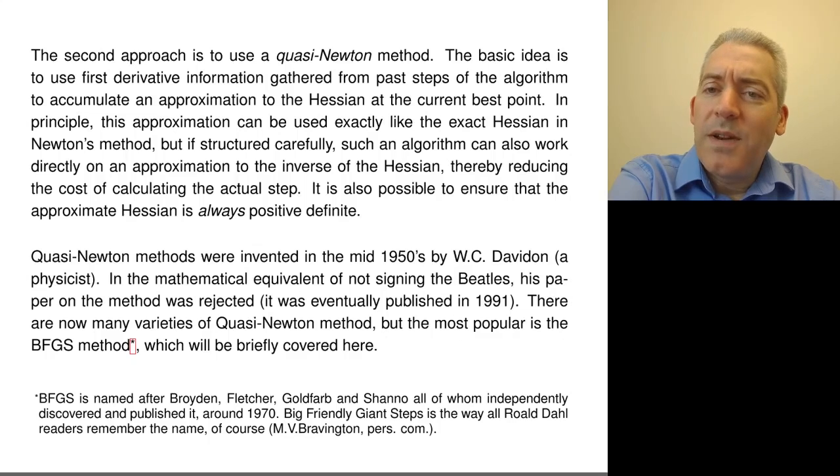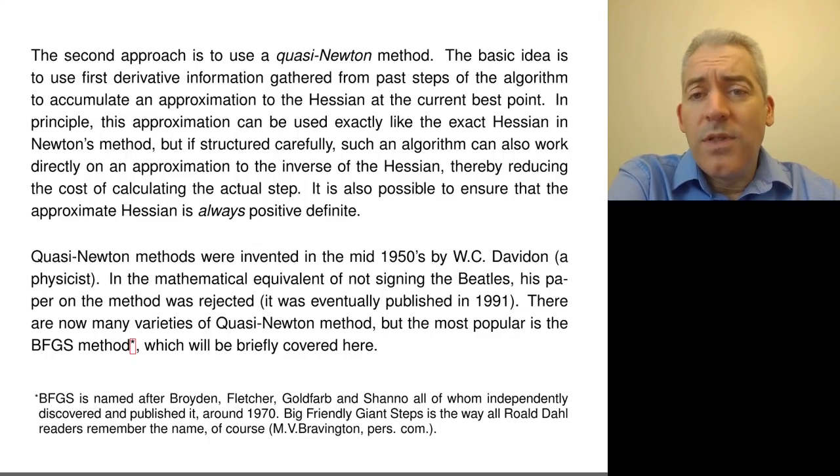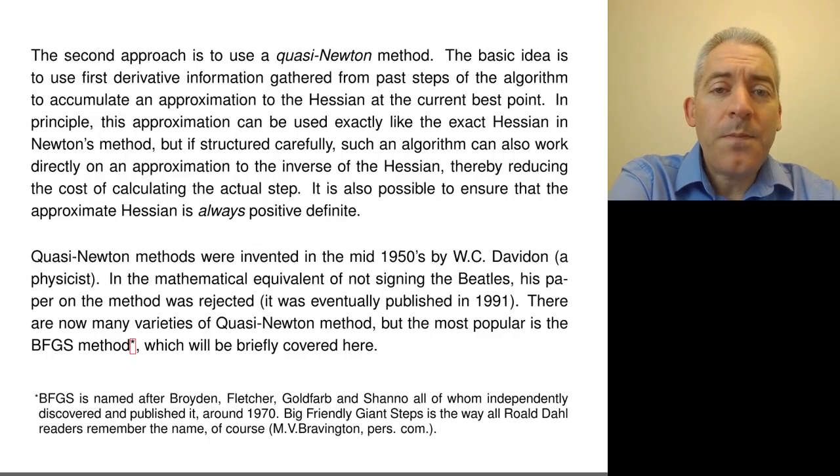You can build up a bit of an idea of what the curvature of the surface is in the vicinity of the point that you are at by using the function evaluations and the gradient evaluations from recent points. That's basically the idea.